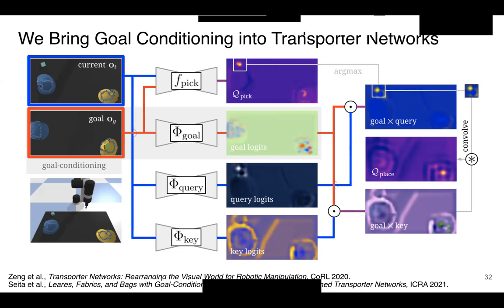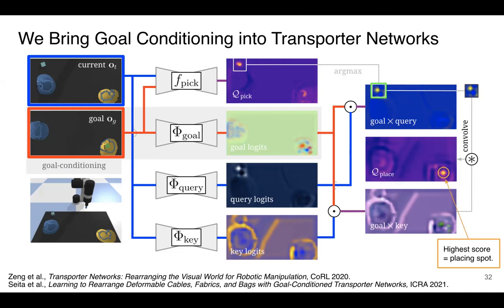The result is that we get two sets of features, goal times query and goal times key, that both utilize goal information. So now the goal image information should be propagated there, and therefore we can proceed with a normal transport operation by taking a crop centered at a picking point and then doing the same brute force convolution search, resulting in a heat map for placing where the highest score indicates the placing spot.